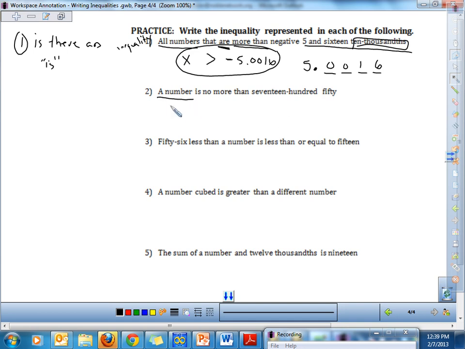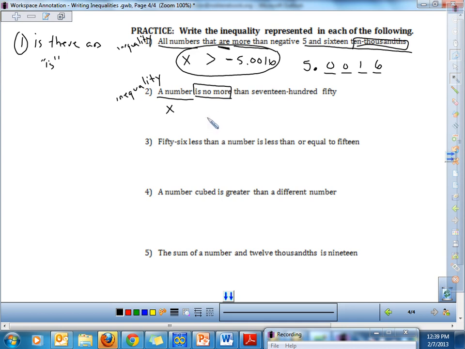It says a number is. Oh, I see the word is. So now I know it's going to be either an equation or an inequality, but it says is no more than. Because it has is no more than, that tells me that this is an inequality. So I'm going to look back at my graphic organizer and say, which one is no more than?